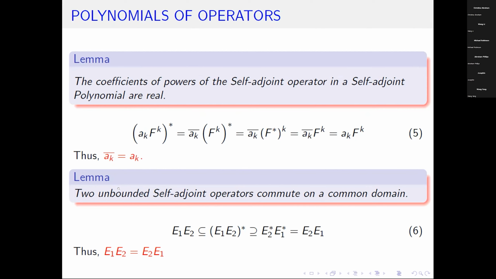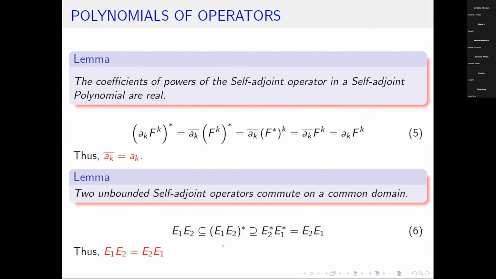Second, we want to establish the idea of commutativity of these operators, because we'll be working with unbounded self-adjoint operators. We want to define when they commute. We know that the product operator E1E2 is always contained in the adjoint of E1E2, that is, the adjoint of E1E2 is an extension of E1E2.